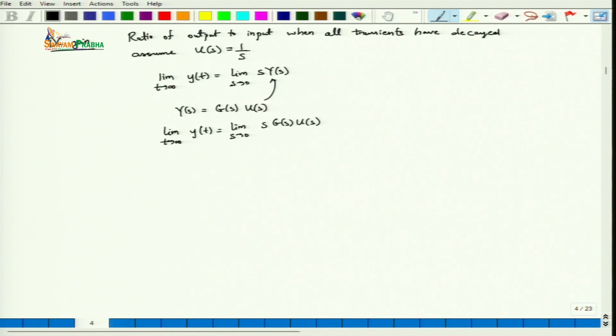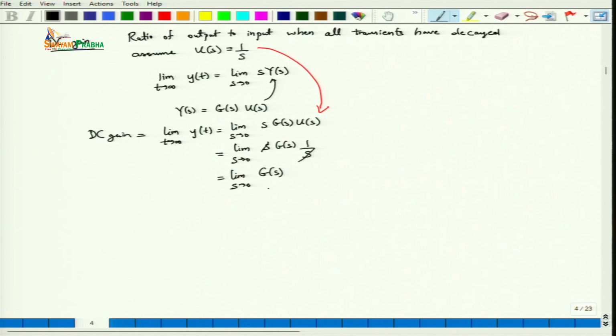And if we make the assumption that u of s is 1 by s, we'll have the limit of g of s divided by s times s; these will cancel each other out and we'll get the limit as s tends to 0 of g of s, and this is basically called the DC gain.